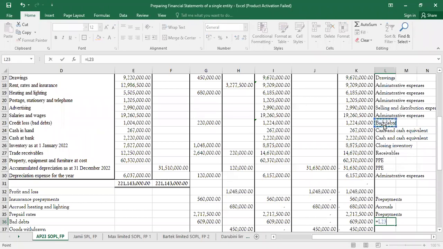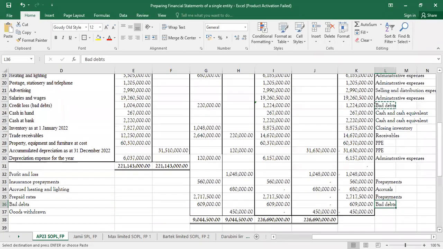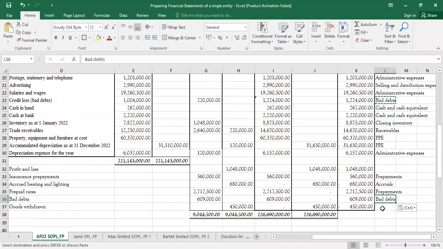I'll just copy, Control C, then Control V. A proper way of doing it, this 609 we could have added to this 20, but this one will be goods withdrawn.